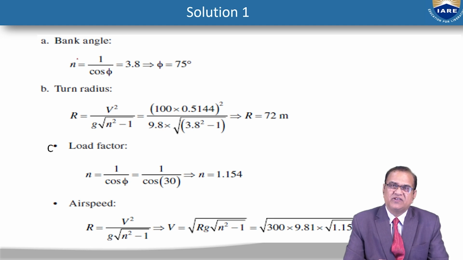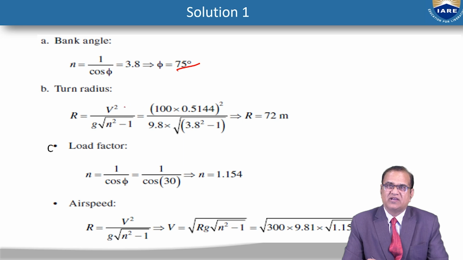Bank angle, we know that n is equal to 1 by cos phi, and it is given as 3.8. So phi, you will get 75 degrees. Turn radius is V square by g under root n square minus 1. V square, it is 100 knots into 0.5144. 1 knot is equal to 0.5144 meter per second.